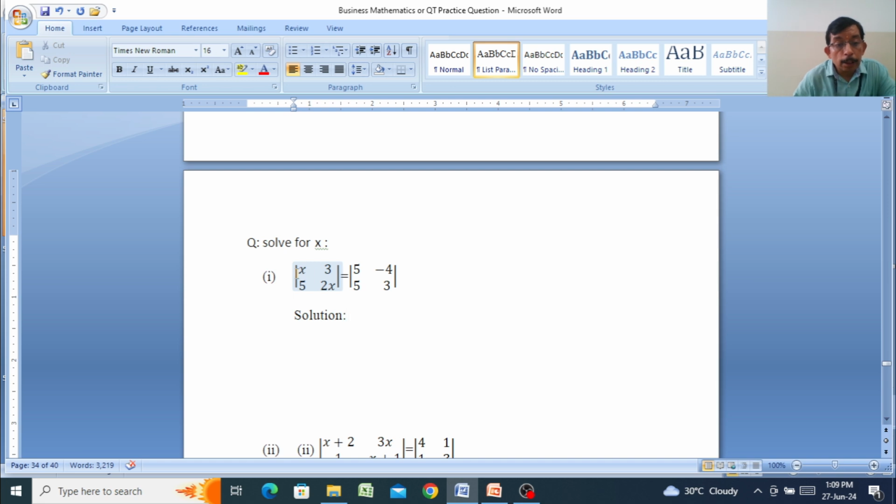The value of a second order determinant is the difference of the multiplication of diagonal elements. The first diagonal elements are x and 2x, multiply x and 2x, 2x square. And the second diagonal elements are 3 and 5, 15, minus 15.